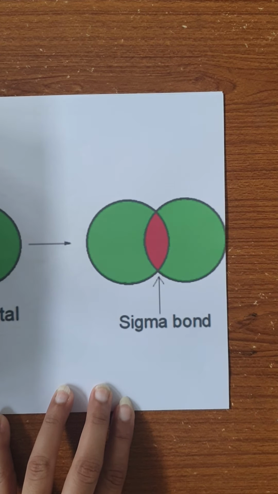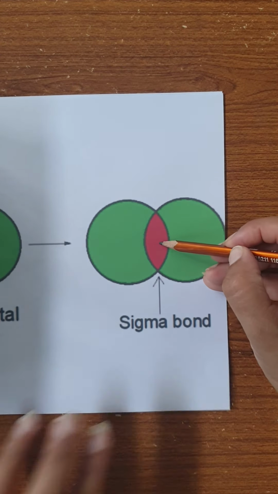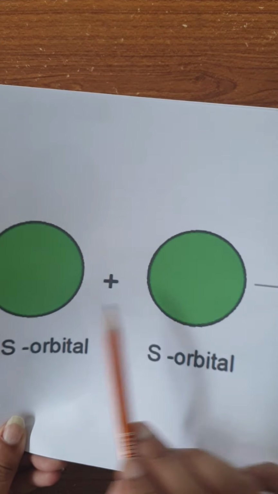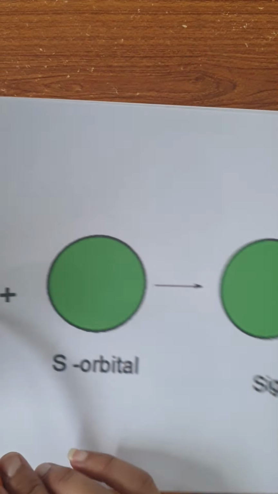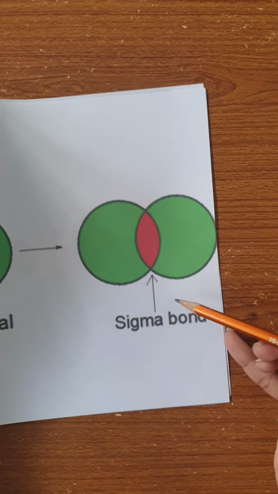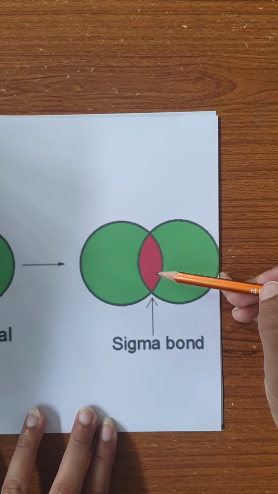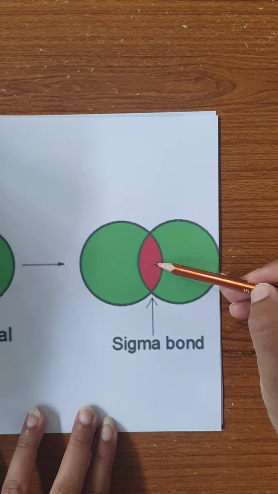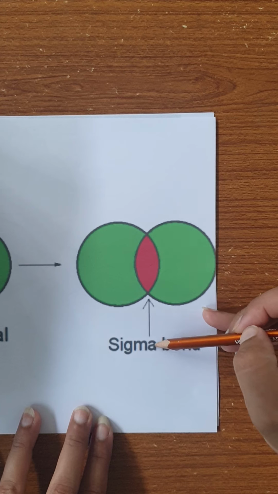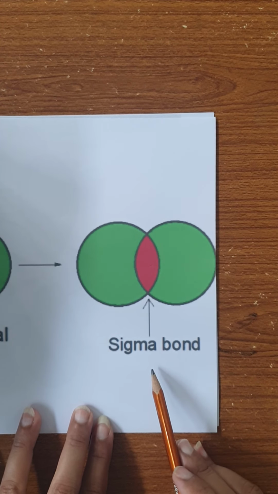The red color indicates the formation of the molecular orbital. These are two atomic orbitals, but when these two atomic orbitals overlap with each other, and if this overlapping is end to end, that end-to-end overlapping will result in the formation of a special type of bond which is known as sigma bonding. So the orbital concept explains the formation of two types of bond.